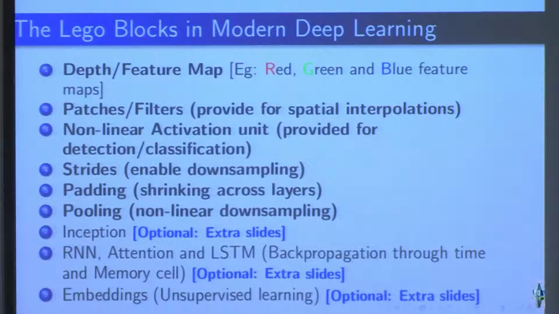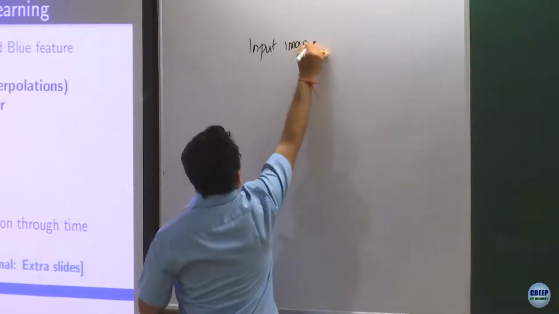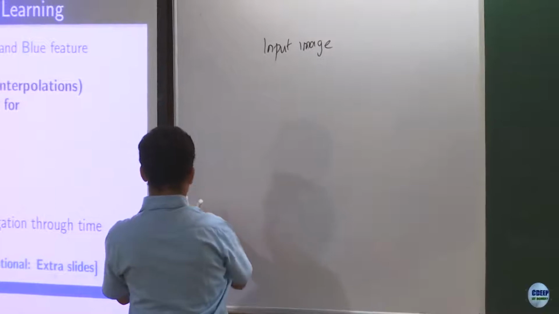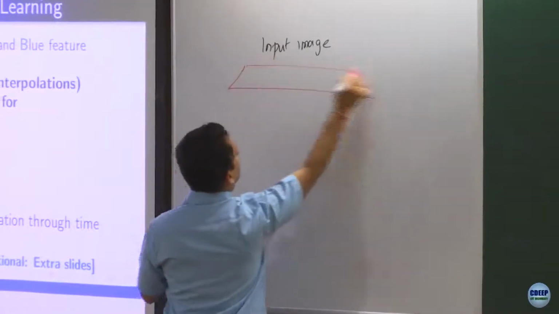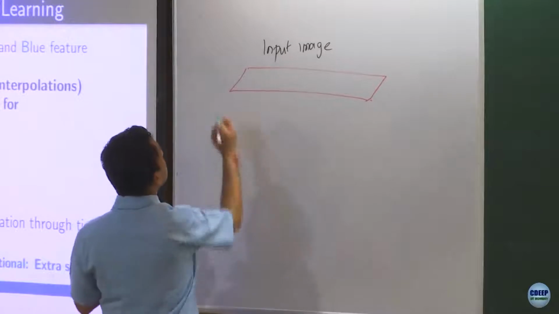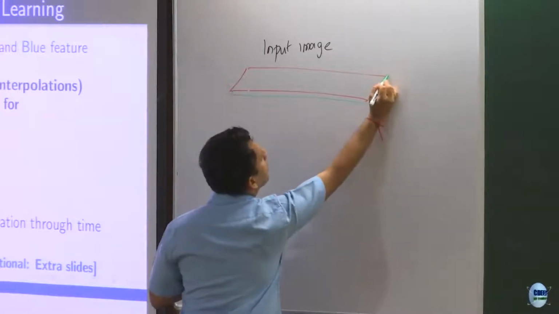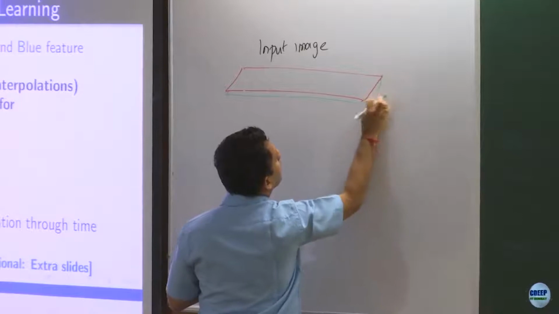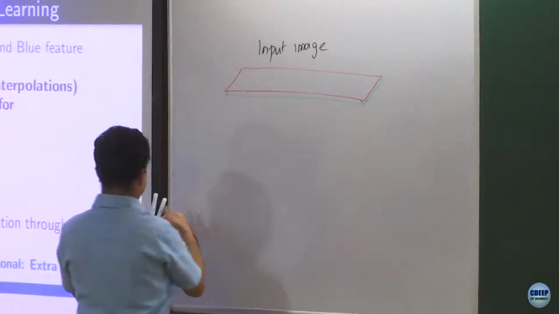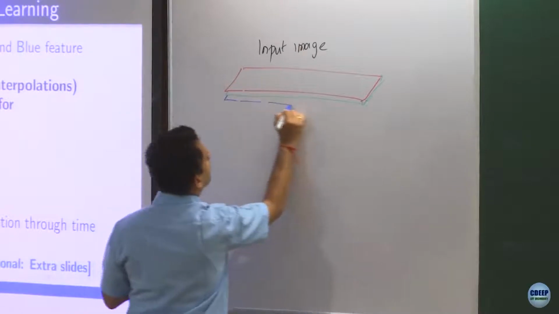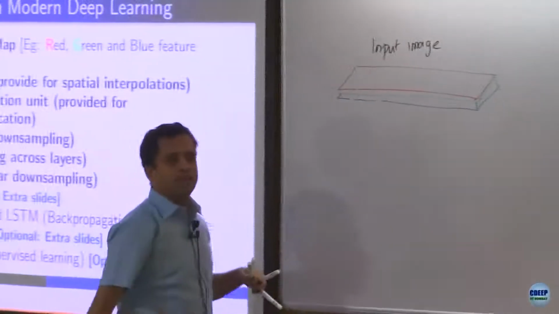So especially when we talk about everything until pooling, here's the input image, and the input image comes with RGB. And then this could be say 128 by 128.